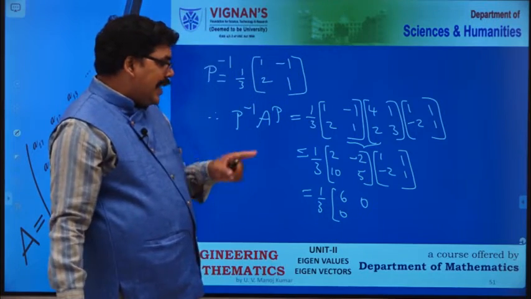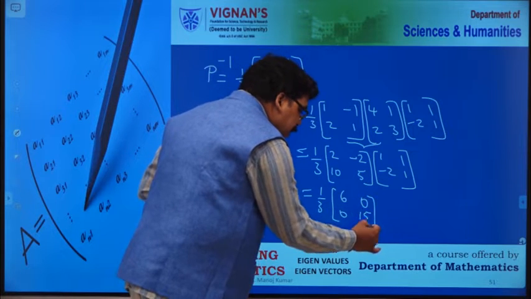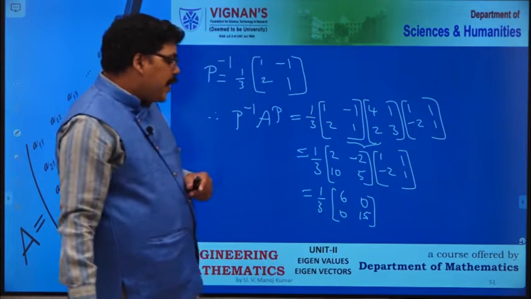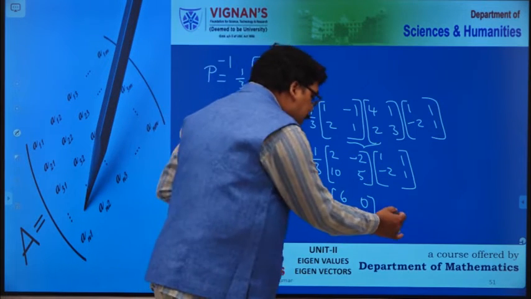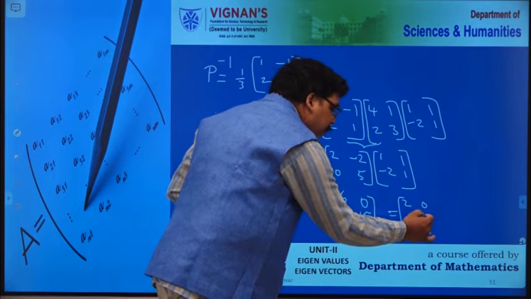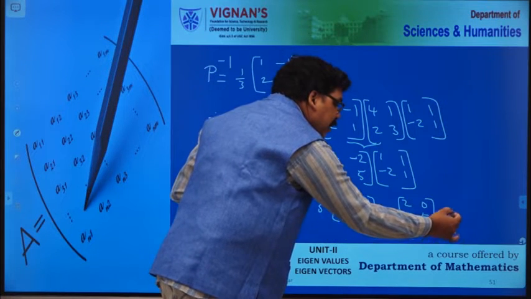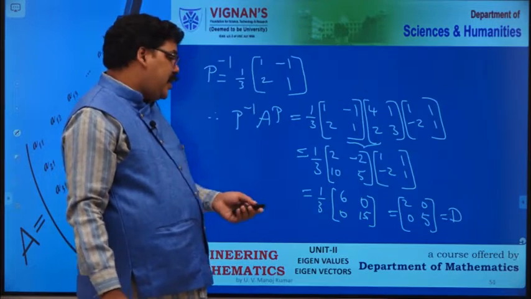Second row, second column: 10 plus 5, 15. So when you multiply this resultant matrix 6, 0, 0, 15 by 1 by 3, you get 2, 0, 0, 5, which is nothing but our D.